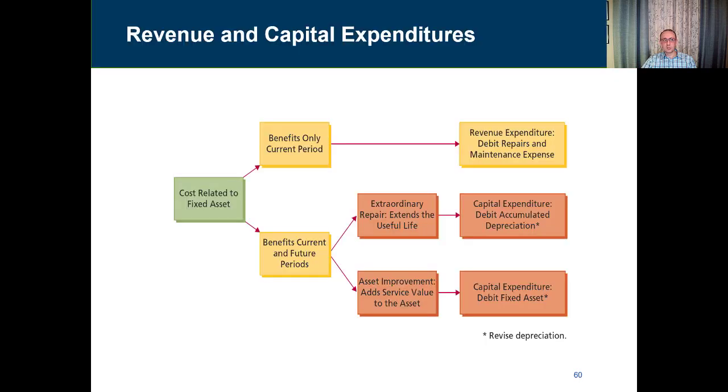So this slide here just summarizes the idea of how we make the decision for these kinds of expenditures. For costs related to fixed assets, if it's only affecting the current period, so it benefits only the current period, then we consider that to be a revenue expenditure. And what we do is that we debit repairs and maintenance expense and we credit cash.